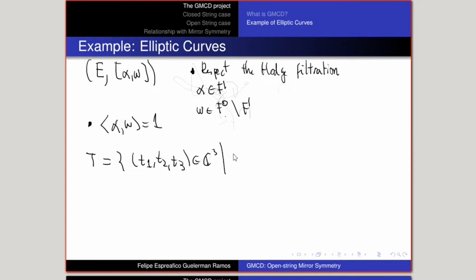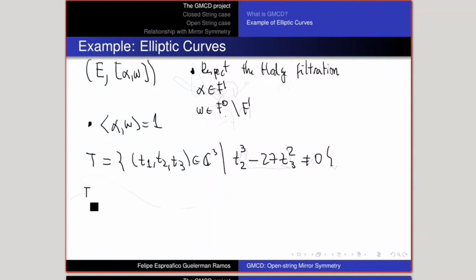So this is going to be T2 cubed minus 27 T3 squared, the discriminant, which should be different from 0.